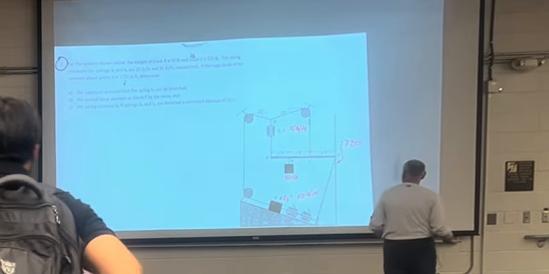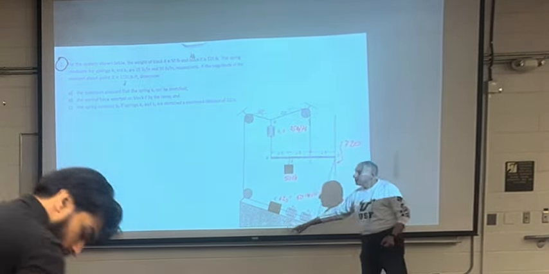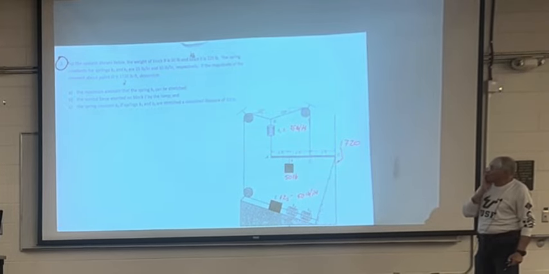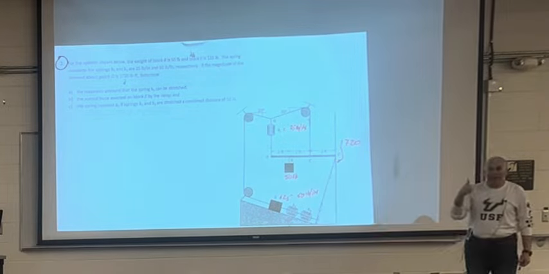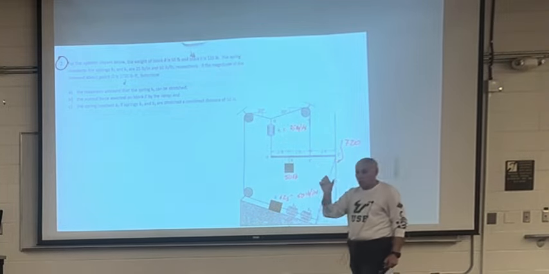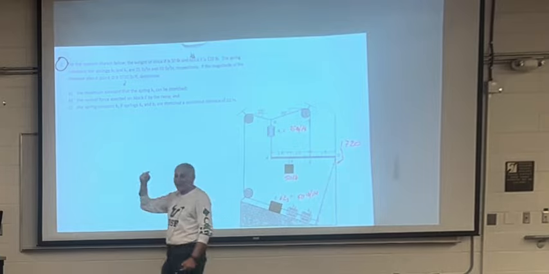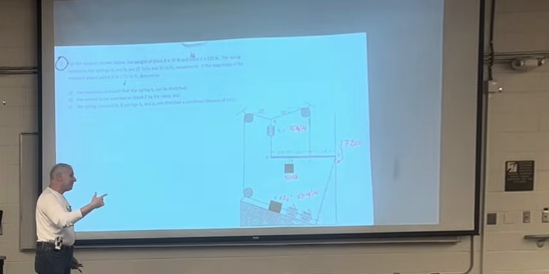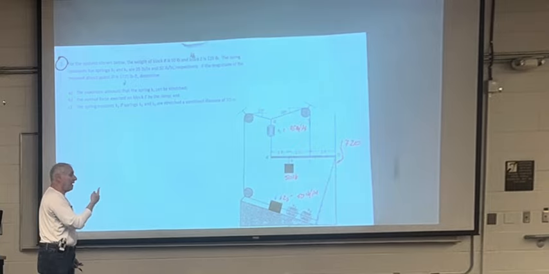Of course, I do know the angle is 25 degrees here. Find the maximum amount the spring K1 can be stretched. Well, for me to find the stretch, I have to go to Hooke's law and say F equals KX. You're asking me to find X. That means I need the force in that.